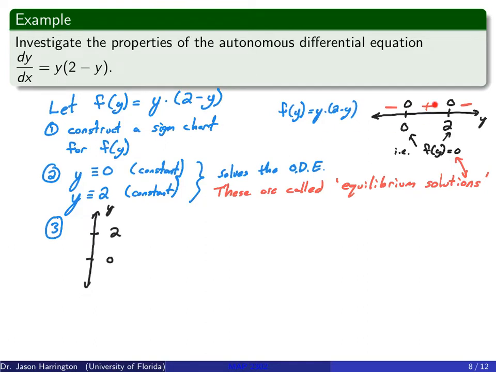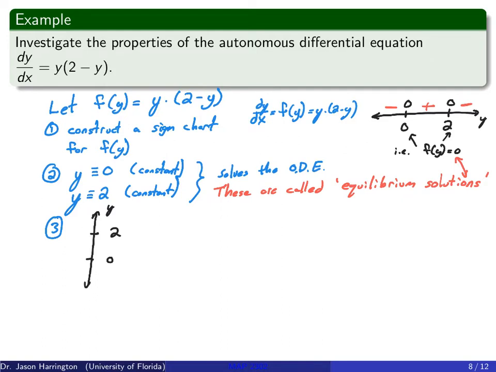Now let's go back and look at this curve that we did in number 1. Don't forget that the function f of y is the derivative. So what I'm saying here is that the derivative is going to be negative, then positive, and then negative.